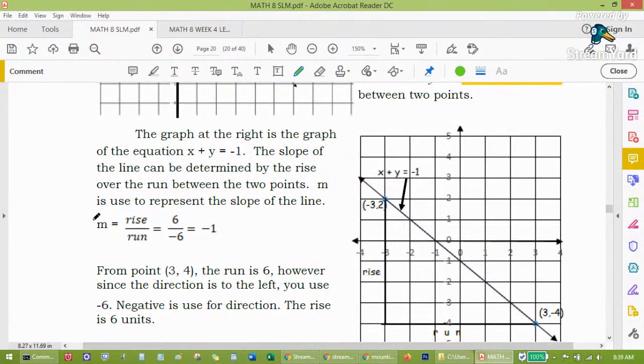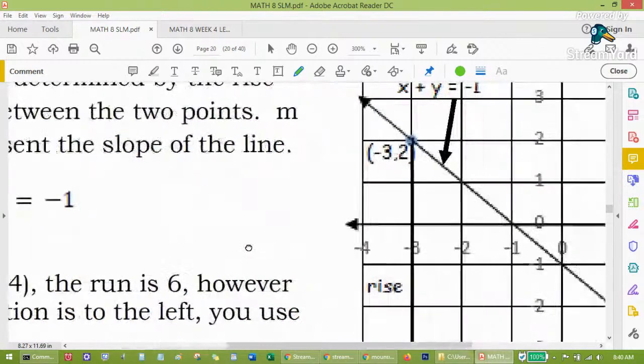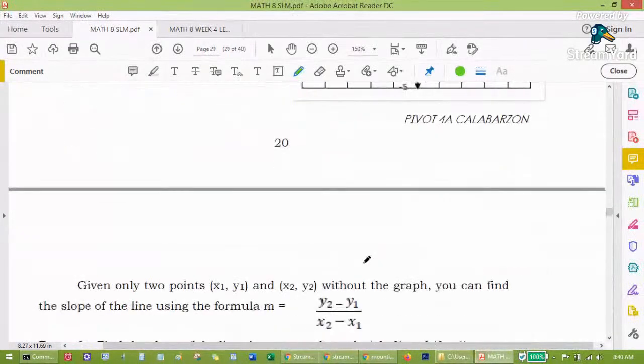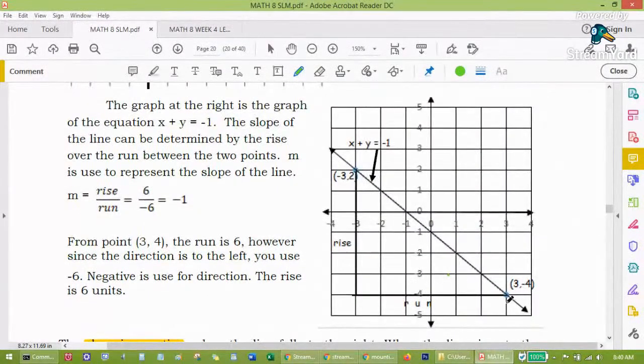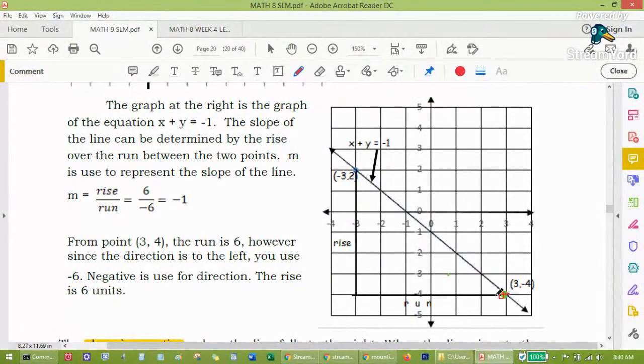So, ang symbol ng slope is M. The slope is equal to the rise divided by the run. So, yung rise, simula tayo dito sa point na to.